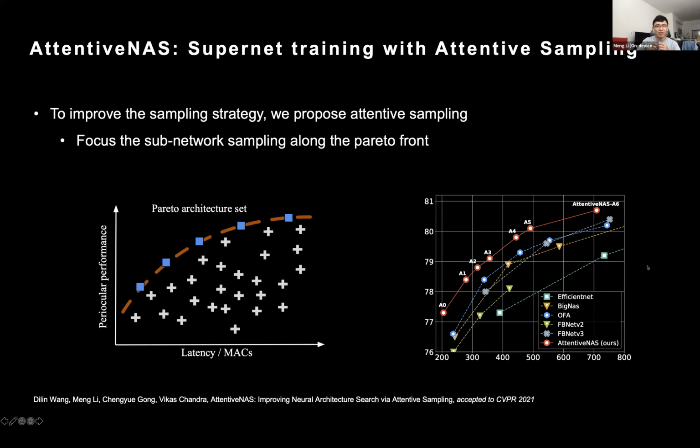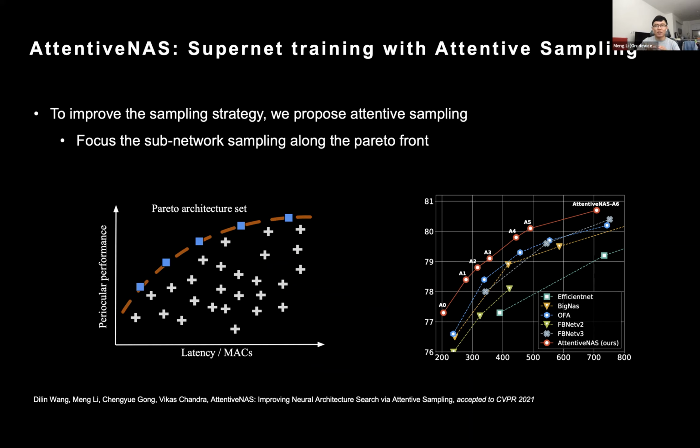To improve the sampling strategy, what we propose is called attentive sampling. The baseline sampling strategy for supernet training is to randomly sample in the search space.